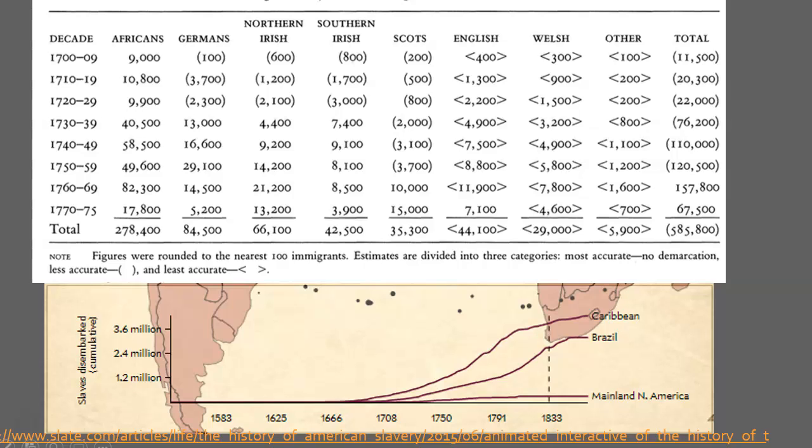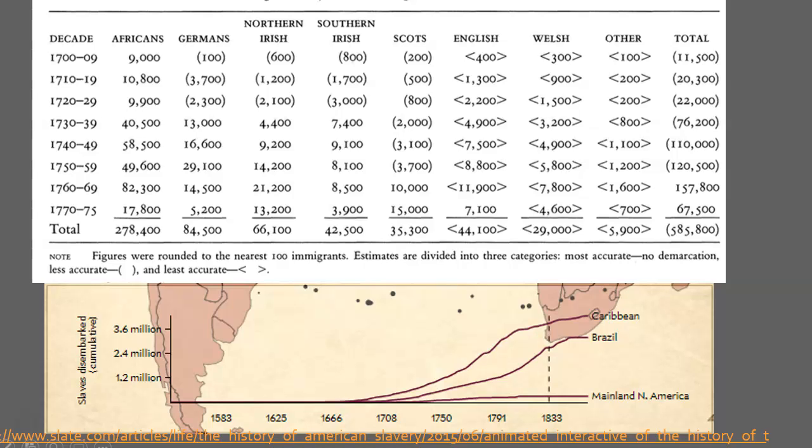And then just an immigration chart by ethnic group of the 13 colonies between 1700 and 1775. Not only do you see the different cultural diversity among the white Europeans, but also you can see how many Africans there were as the population increases over 75 years, right? We have 9,000 Africans in the colonies in 1700.